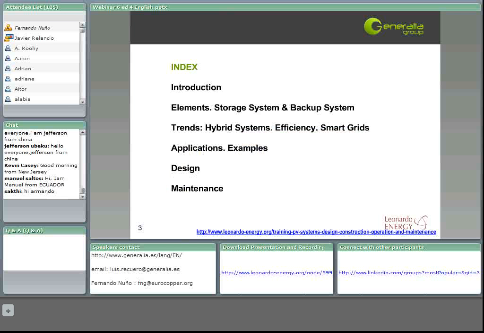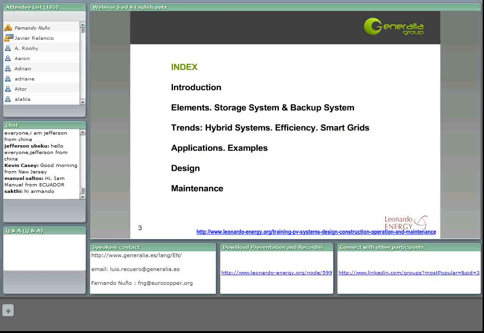So, today's index is as follows. We will start with a brief introduction to this type of systems. Then we will study the main elements in these systems. We will focus on the storage system and the backup system. Then we will see the trends nowadays for this type of systems.